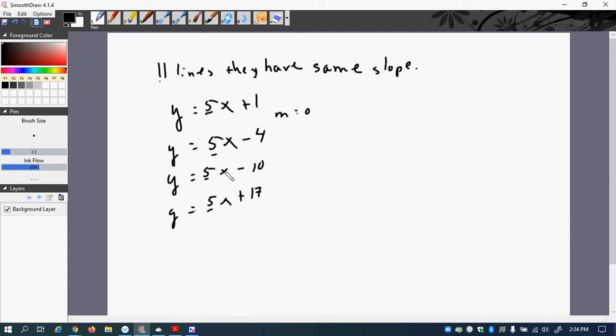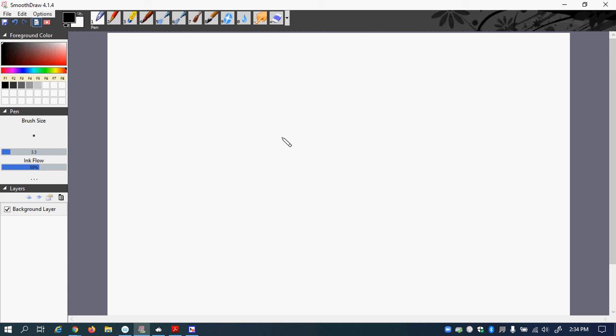So let's say we have an equation, y equal to negative 2x plus 3, and we want you to find another line parallel to it, but it has to pass through the point negative 2, 3.